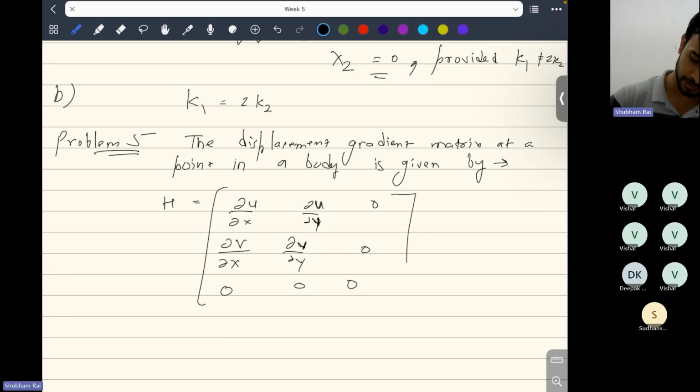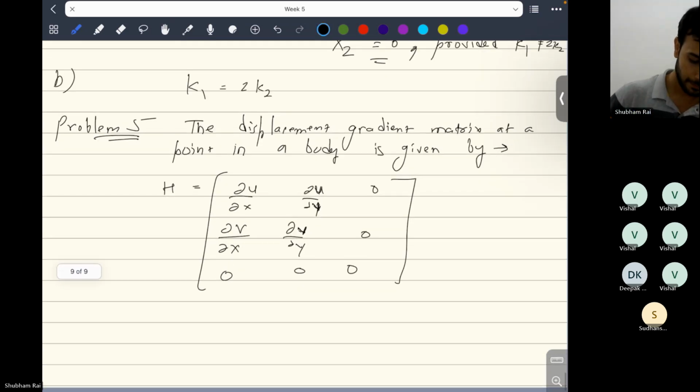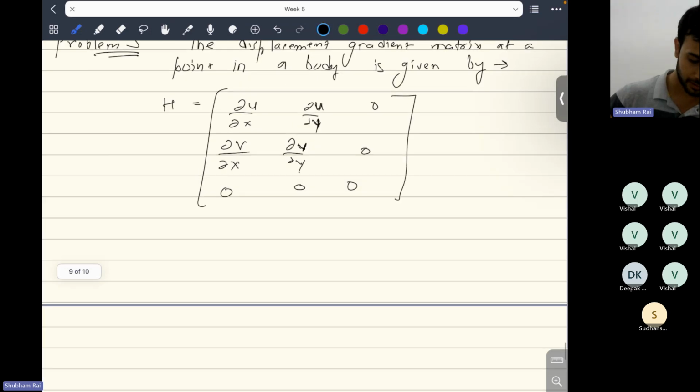This is your displacement gradient matrix. So you have to write the conditions for zero infinitesimal rotation.